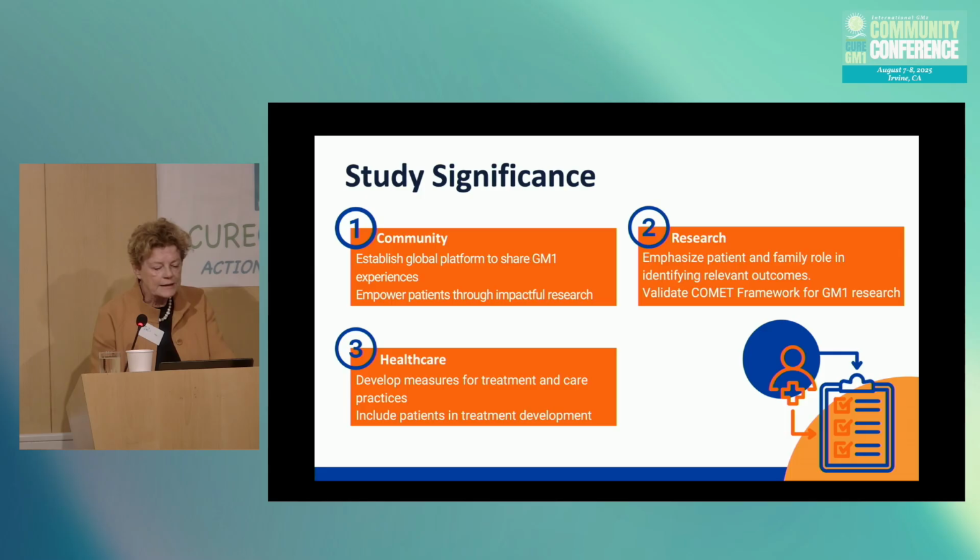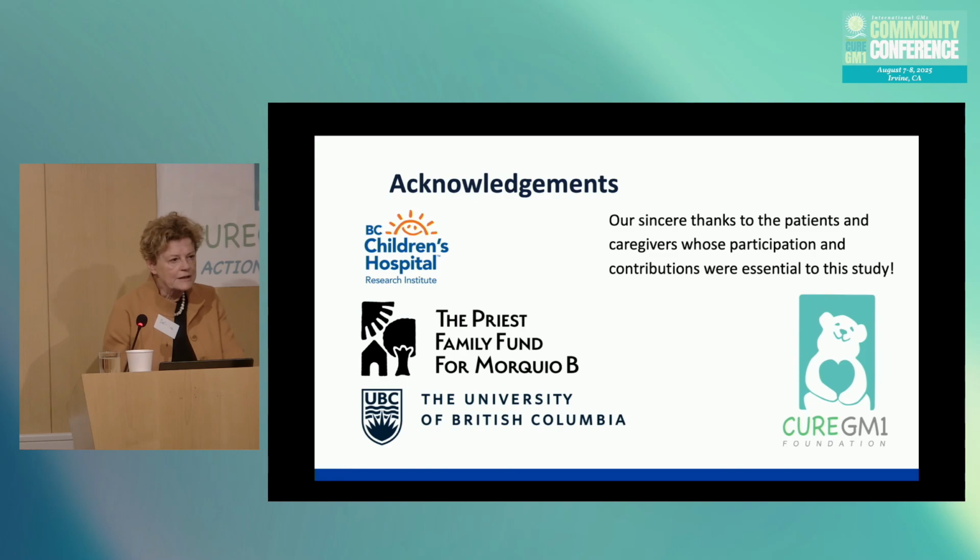The significance of our studies is, of course, to establish a global platform to share GM1 experiences and to empower patients through impactful research. In terms of research, to emphasize patient-family roles in identifying outcomes, and for healthcare also to develop measures for treatment and care practices, and in all the steps to include patients. Thank you very much. That was it.